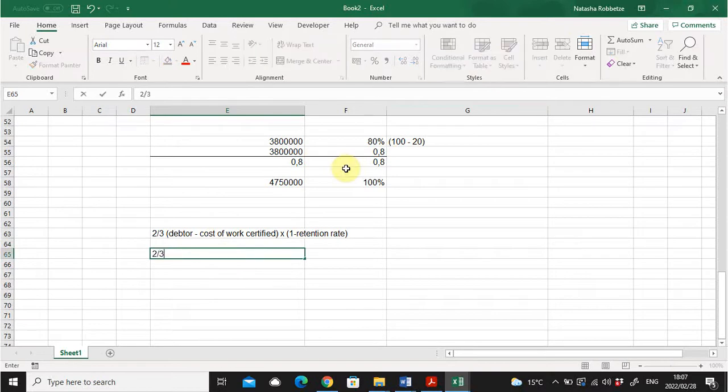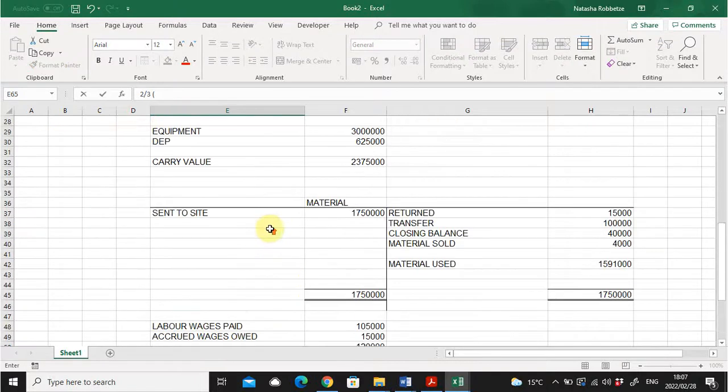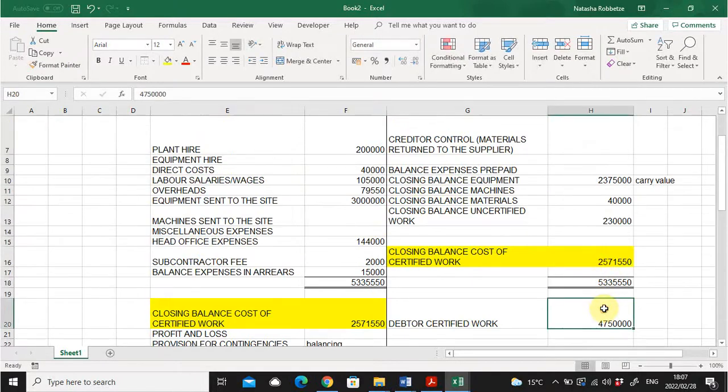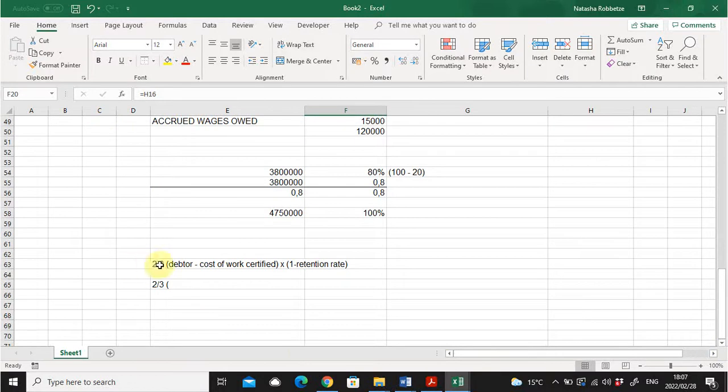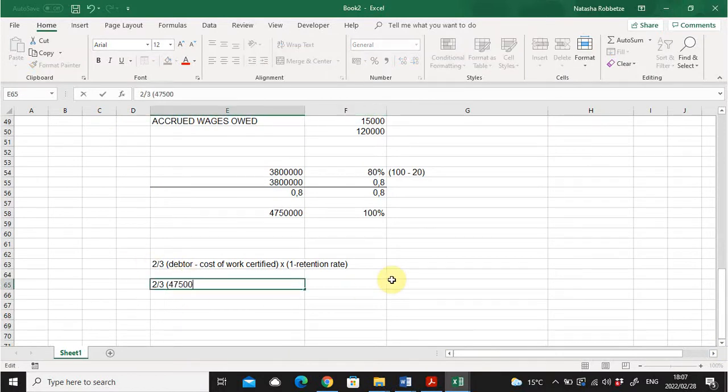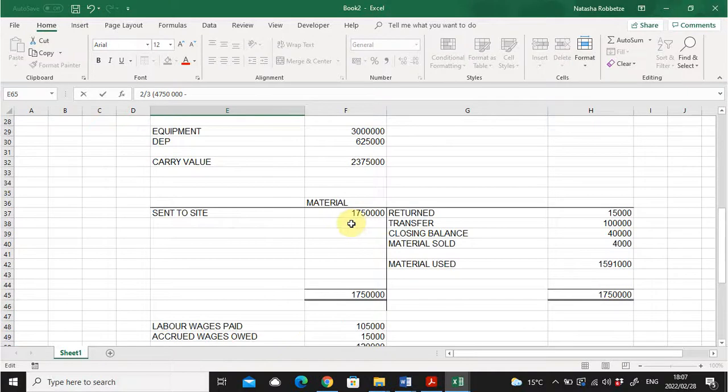So it's going to be 2 out of 3 times the debtor minus the cost of work certified. So it's basically going to be this amount, which is the debtor amount, 4,750,000, minus the cost of the work certified.